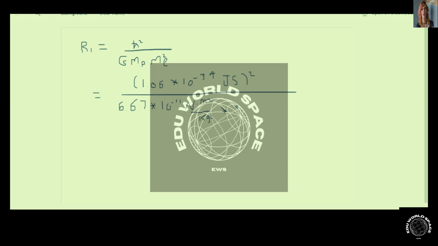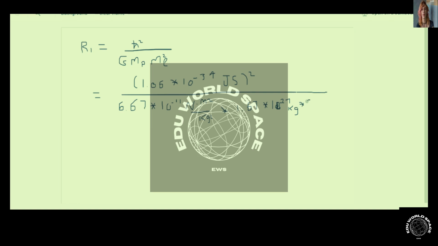And this is times 1.67 times 10 to the negative 27 kilogram, this for the mass of the proton here.